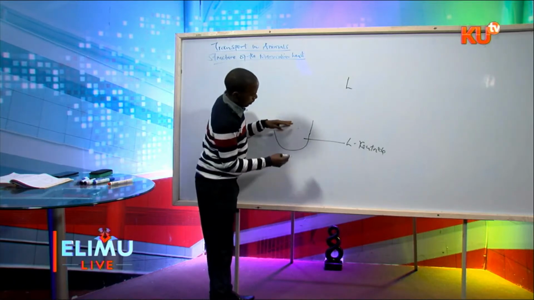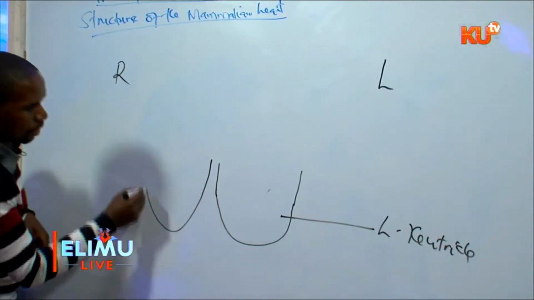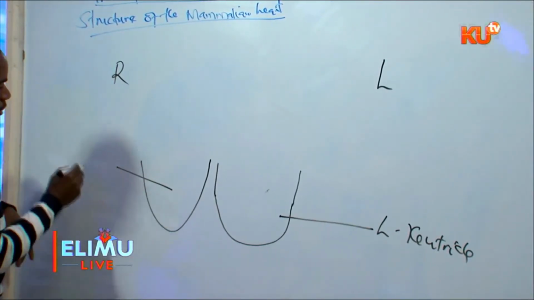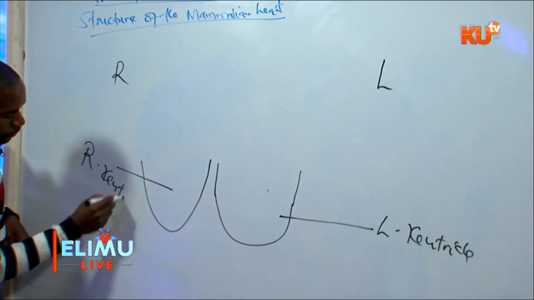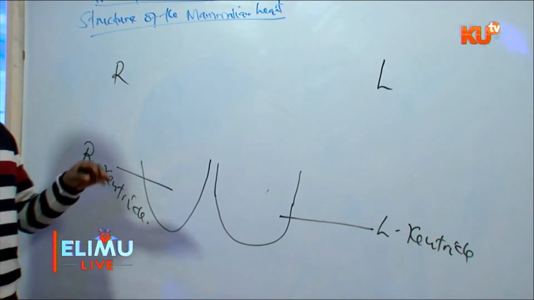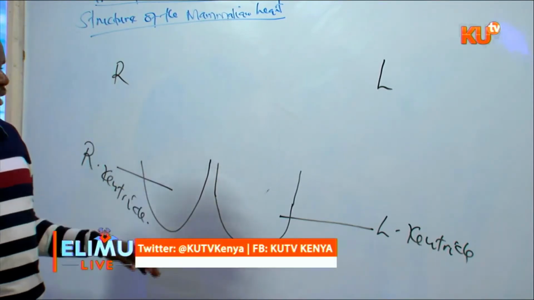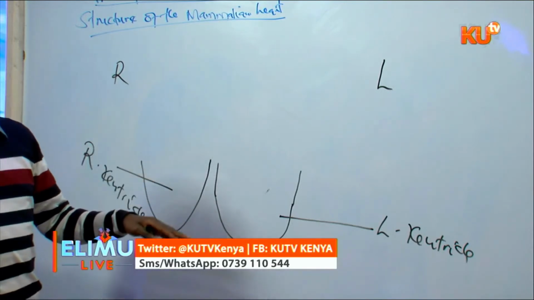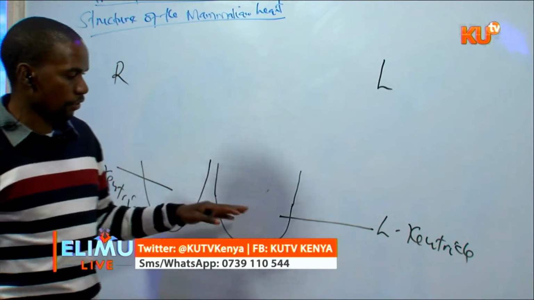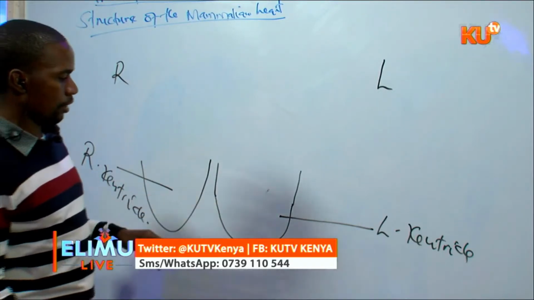And the other side, this one here, is what we refer to as the right ventricle. Remember, we are looking at the anatomy of the heart. So we are looking at specific chambers that are associated in the circulation of the blood. This one is the left ventricle, this one is the right ventricle.